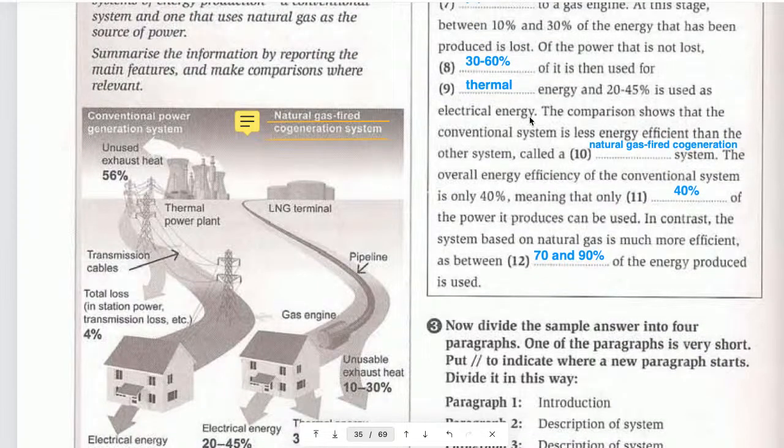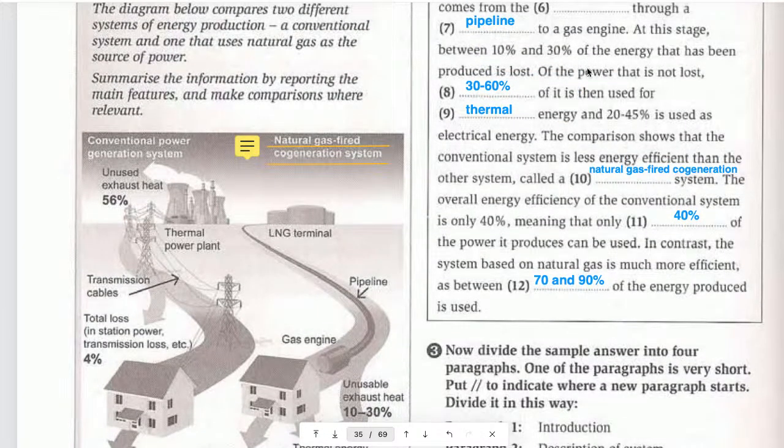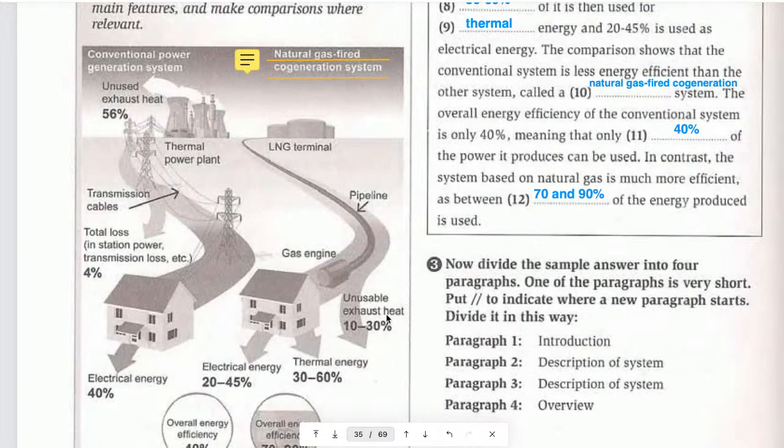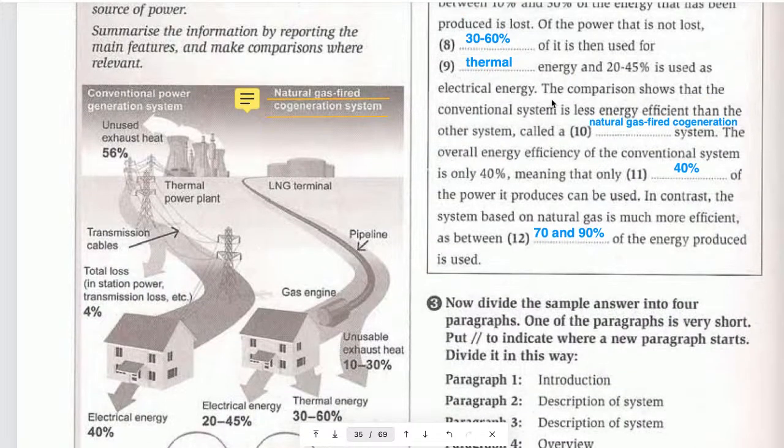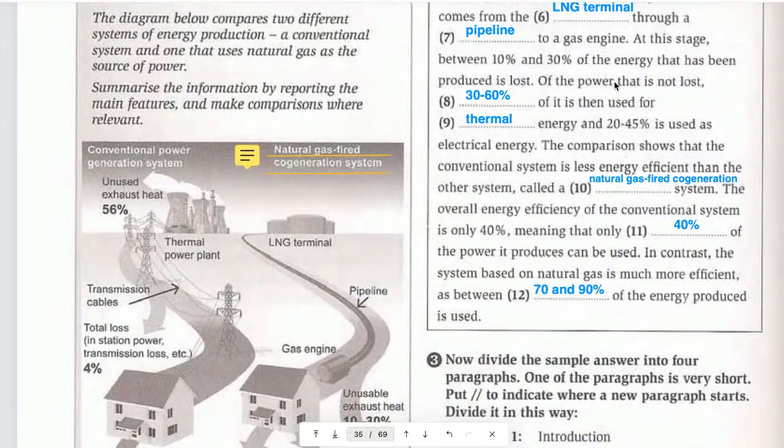And here they say that of the power that is not lost, that means in that 70% left, how many percent has been used for thermal energy? That is 30 to 60%, and 20 to 45% is used for electrical energy. So that makes sense, right? But you have to mention this one, of the power that is not lost. If you don't mention that, everything goes wrong.